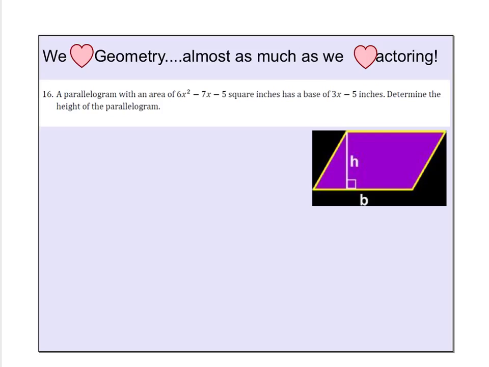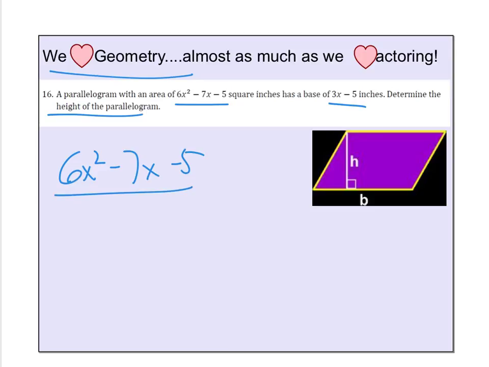All right, so don't forget geometry, never goes away. That is the area. That has got 3x minus 5. Determine the height of the parallelogram. So what I want to take is 6x squared minus 7x minus 5 divided by 3x minus 5.